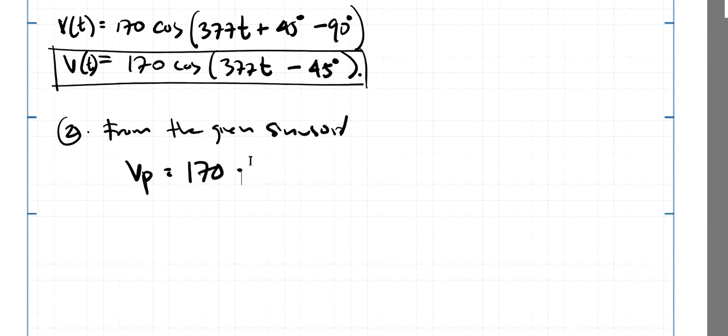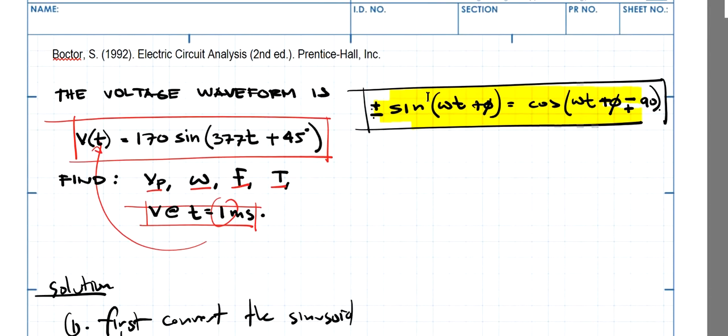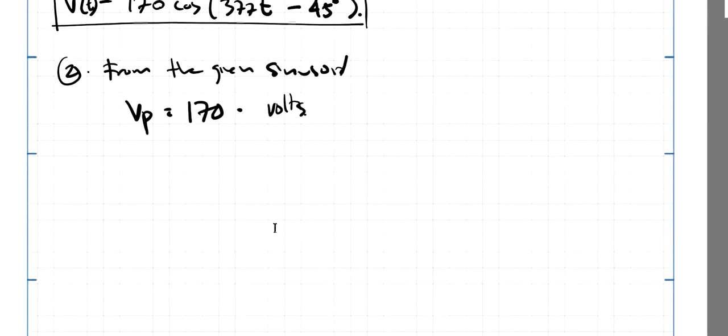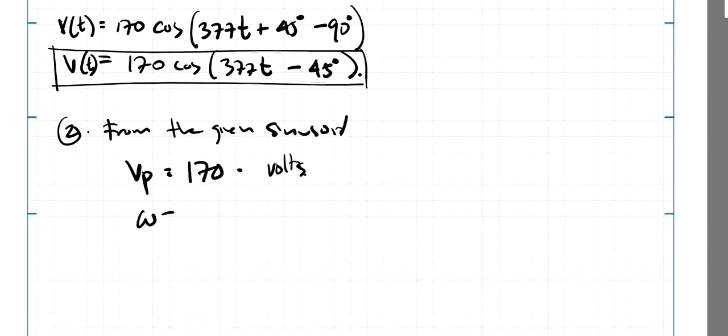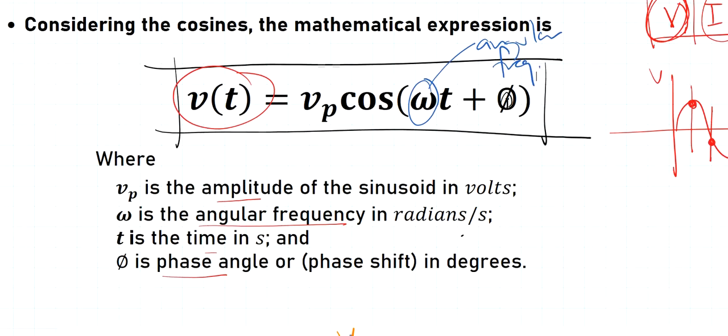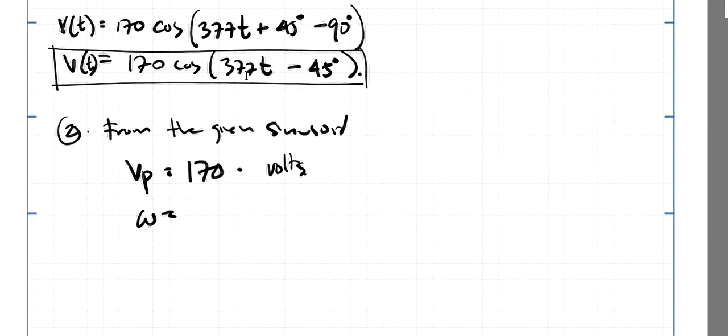The unit, of course, is volts. Next one is omega, the angular frequency. From this expression, omega is the coefficient of the variable t. So that's 377, and the unit is radians per second.